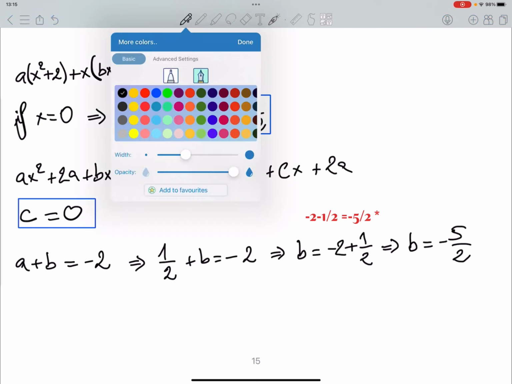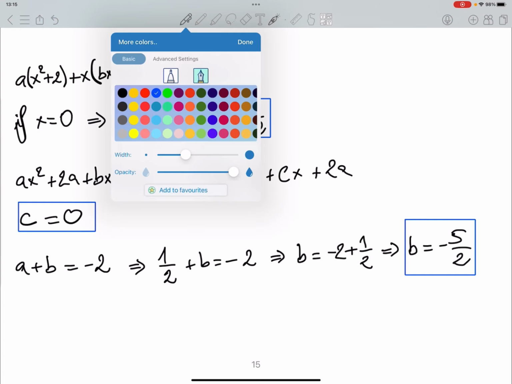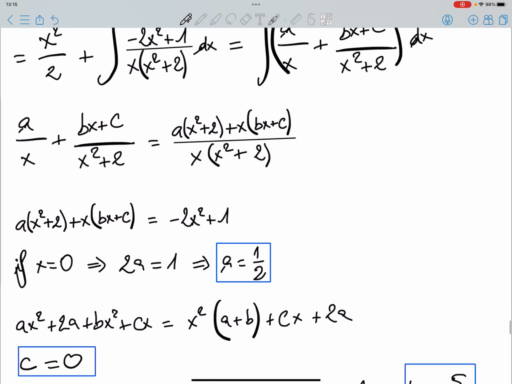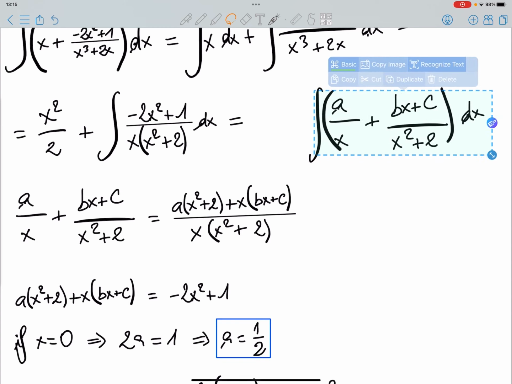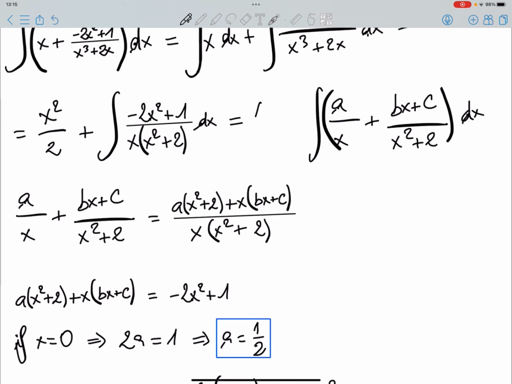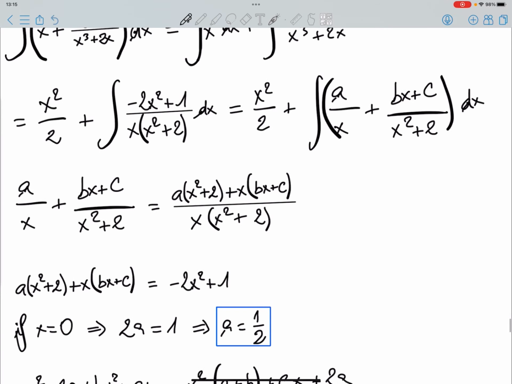So we have a, b, and c. Now we can substitute them in our integration, right? By the way, there is x squared over 2 here, so now we can substitute them in our integration.